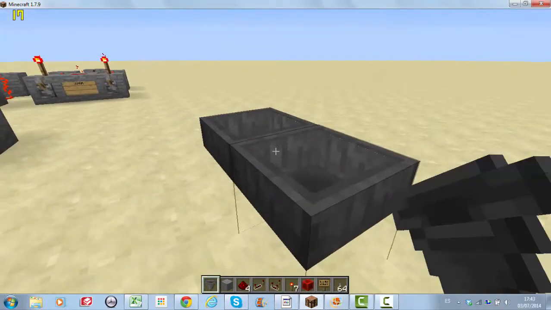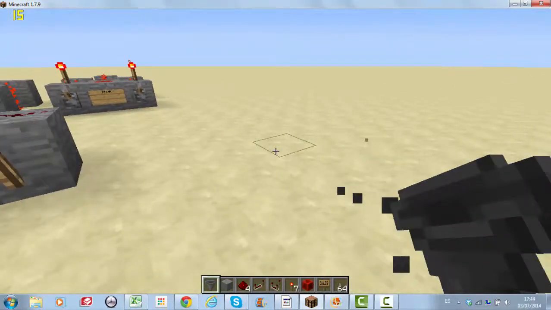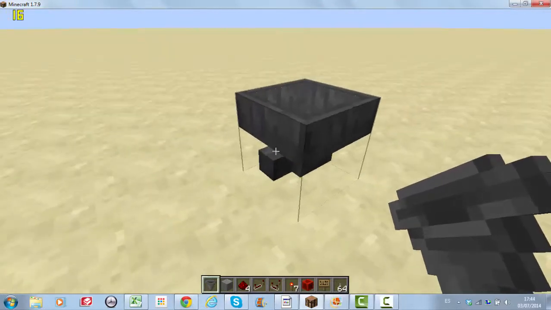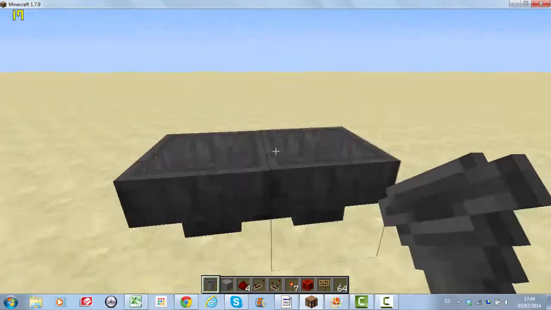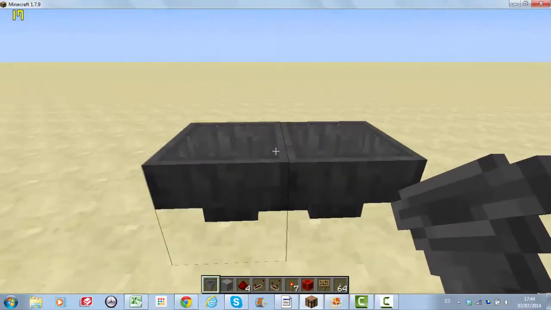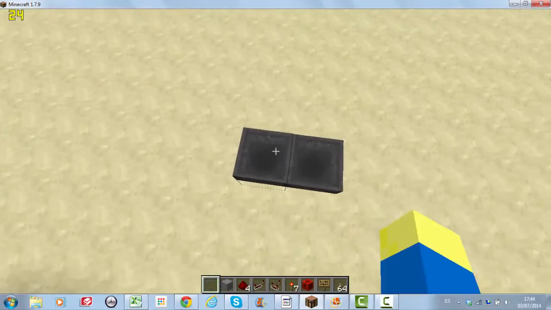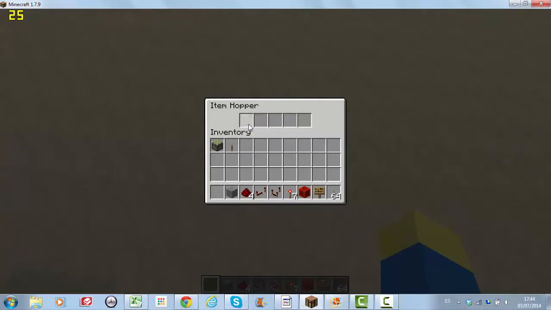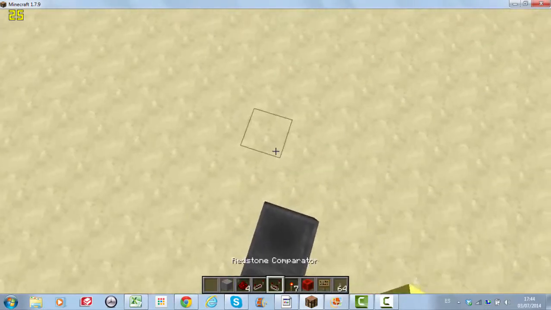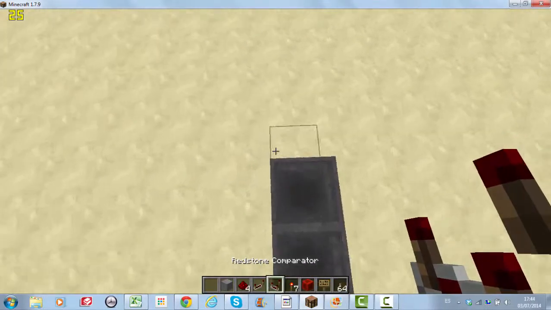Hoppers look weird. So what's going to happen? The item's going to go from here to here to here, guys. So demonstration is throw an item in here. So you see it's pulsing from this one to this one, and a comparator has the power of sensing if an item is in that hopper. See, it's pulsing on and off and on and off.